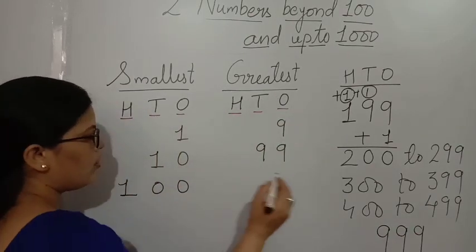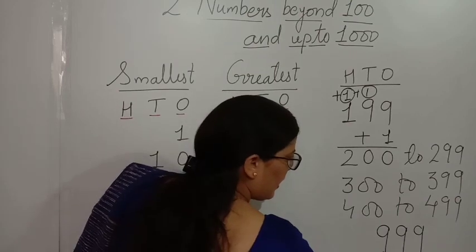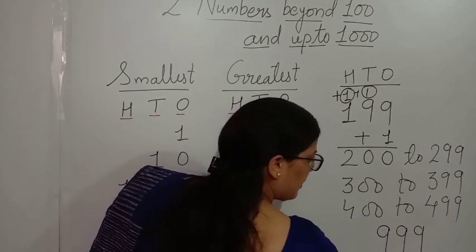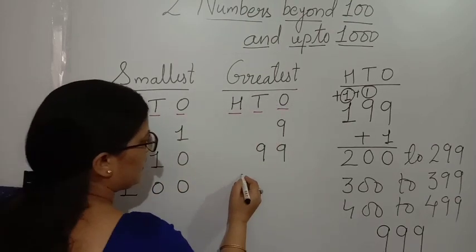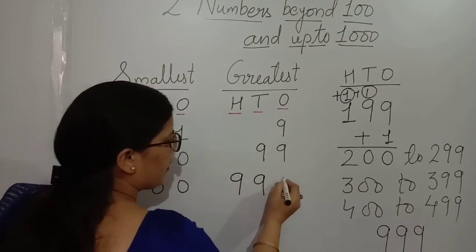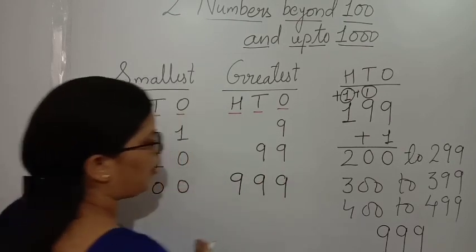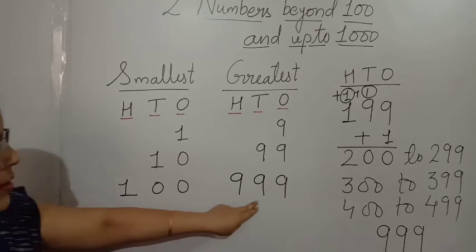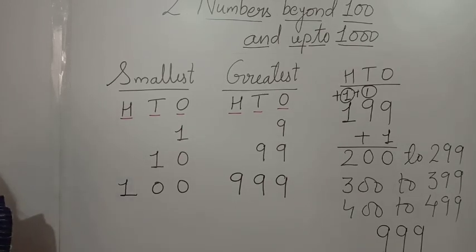So this 999 is the greatest 3 digit number. Clear?